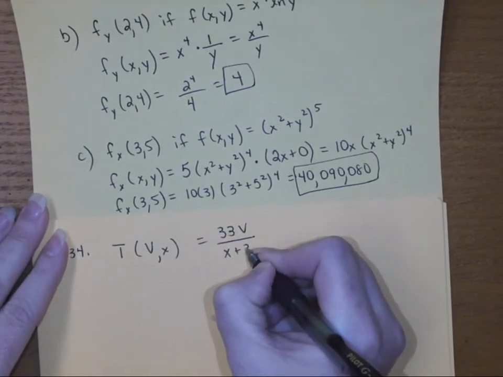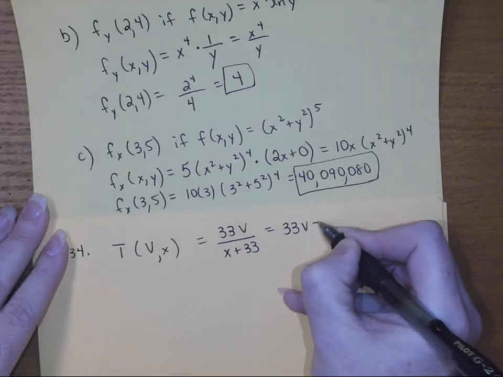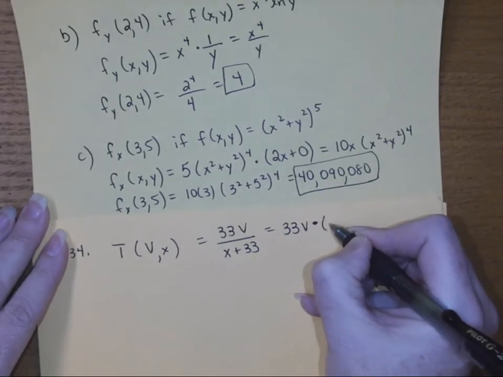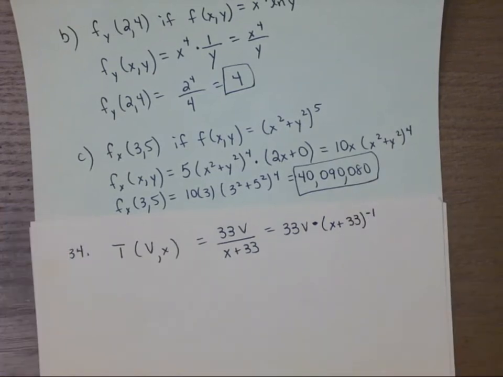So I've got this right here as my original function. Okay, so I'm going to rewrite this as 33V times x plus 33 to the -1 power. I'm going to do that so I don't have to do quotient rule.